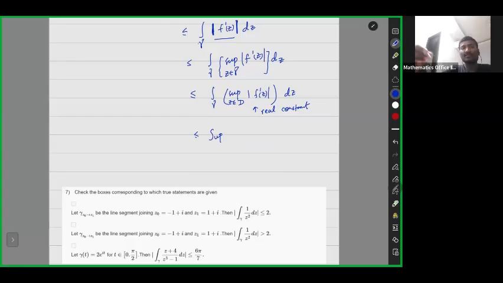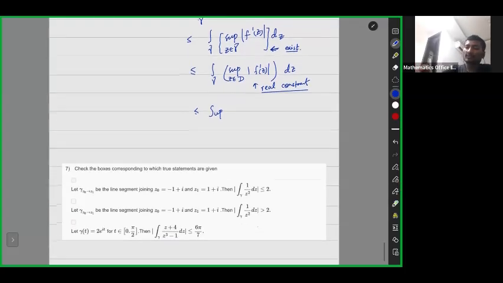In the disk it may not be attained, but on gamma it is, because gamma is a closed compact subset.